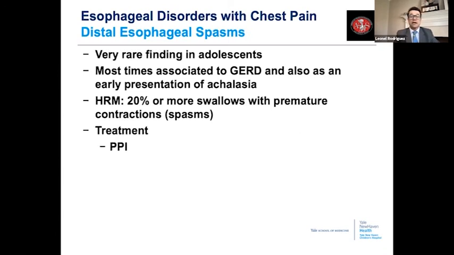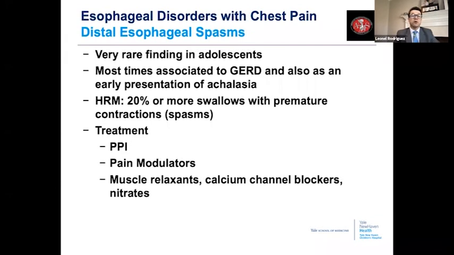The treatment, because it's related to reflux on most occasions, we do recommend the use of proton pump inhibitors or acid suppression. We do use pain modulators as well. The response to muscle relaxants, calcium channel blockers, and nitrates is very limited in pediatrics, as well as for prokinetics.